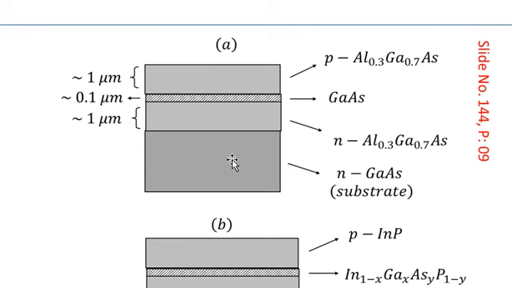And the substrate here is N type gallium arsenide.